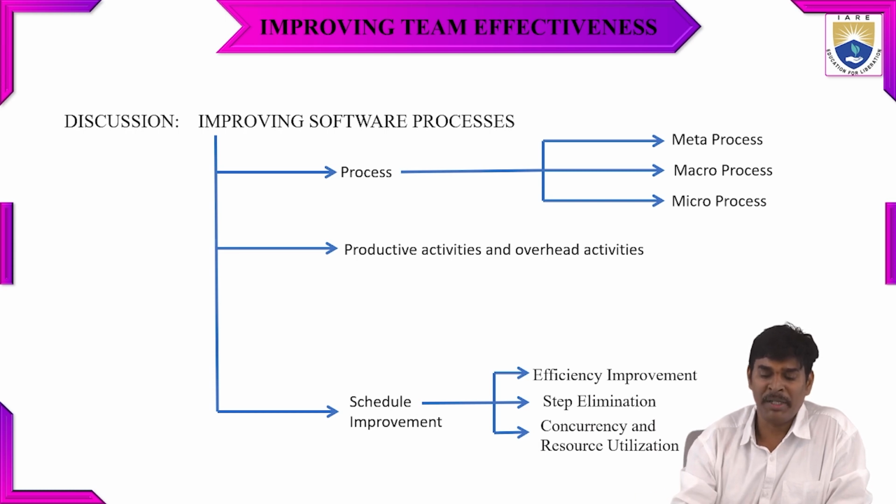Efficiency improvement means we need to check the main steps to verify how to improve the process, so that we consider only that particular efficiency. The next one is step elimination.